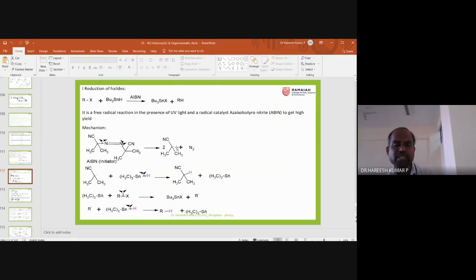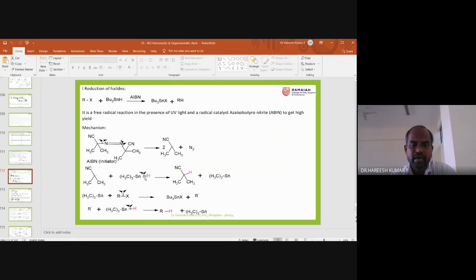The next step is propagation. The obtained free radical reacts with tributyl tin hydride. How will it react? There will be a homolytic cleavage between the tin and hydrogen. A free radical is formed, and there is a cleavage between the tin and the hydrogen.